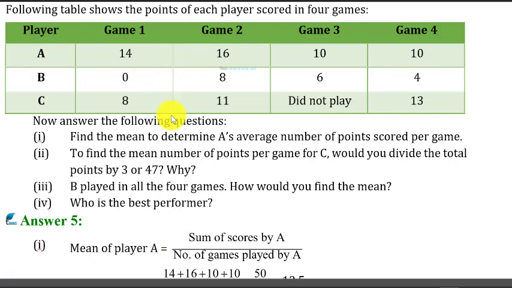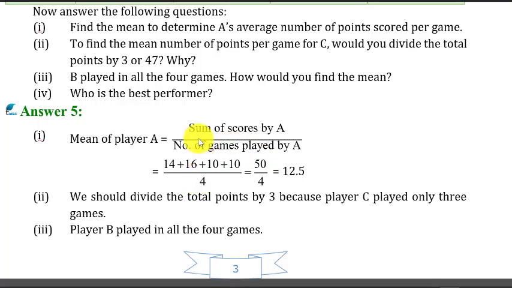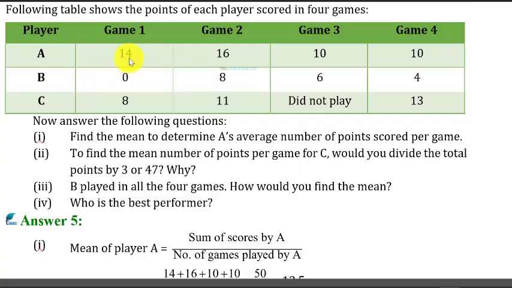So with the help of this given data we have to find the mean of player A. The mean formula is the sum of the scores divided by the number of games. So here for player A we have to find the mean, so that will be written as mean of player A is equal to the sum of the scores by A divided by the number of games played by A. Here player A played 4 games, so the denominator will be 4 and the sum of the scores by player A is 14 plus 16 plus 10 plus 10.